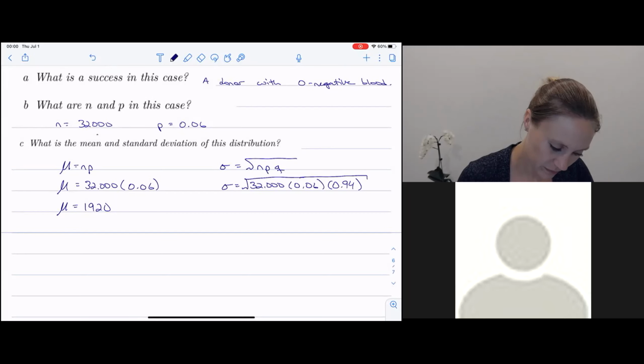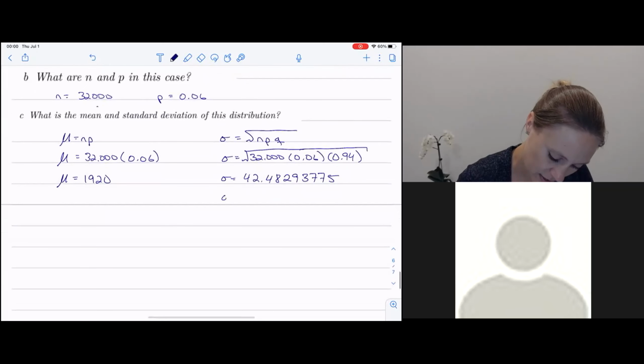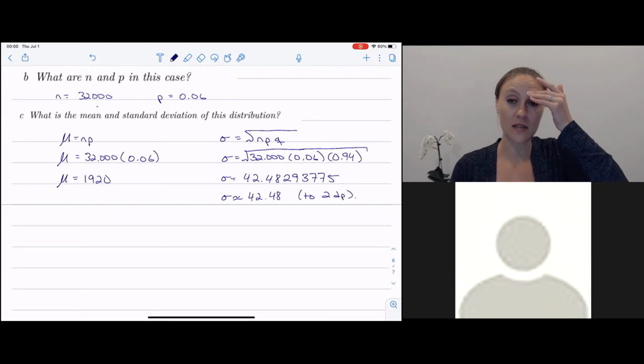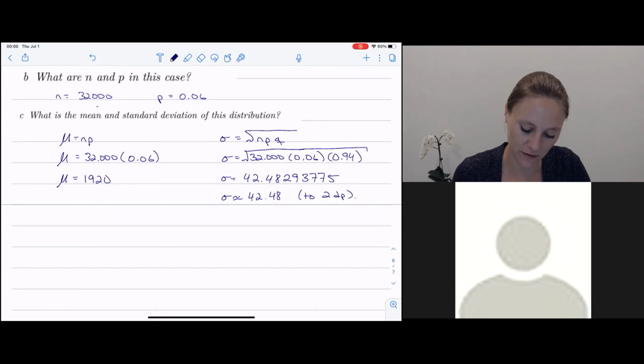I get a sigma of 42.48293775. And I'm going to round it to 42.48 to 2 decimal places. That's not set in stone. I'm just kind of going for it here. And of course, in a quiz or on a test, it would tell you how many decimal places to give me.